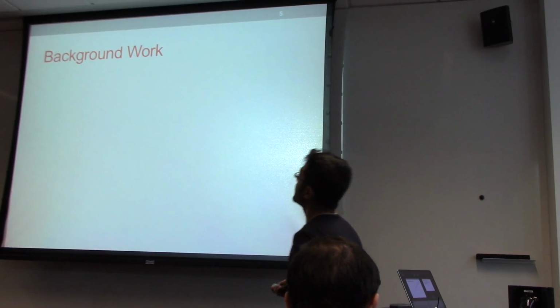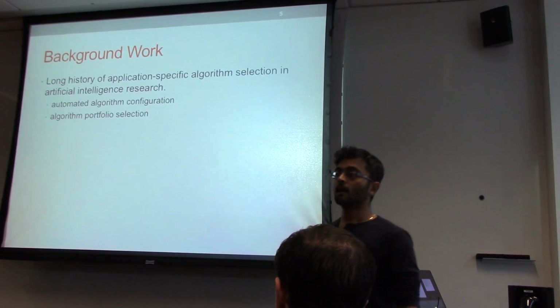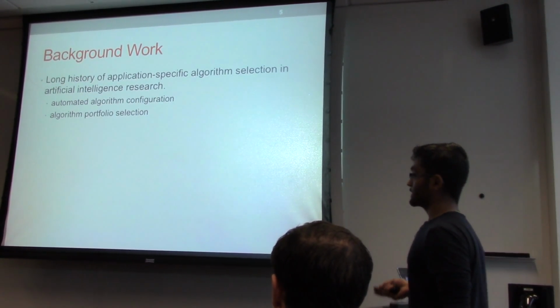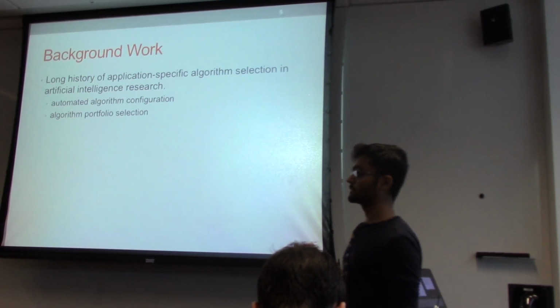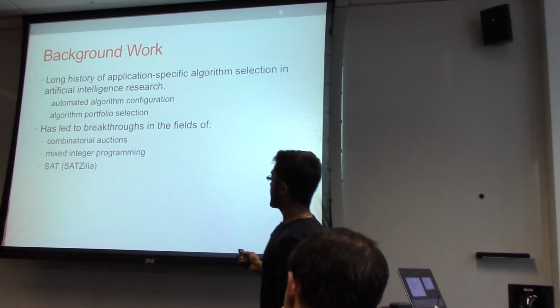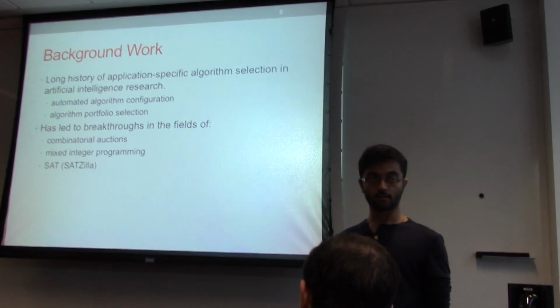A little bit of background work. Application-specific algorithm selection has had a long history of research in AI and empirical research under different related names, and it has led to breakthroughs in many different fields.